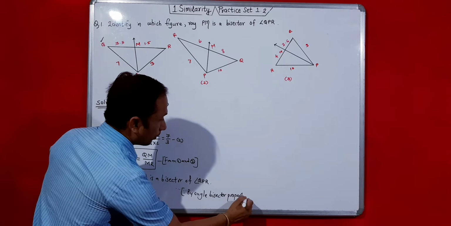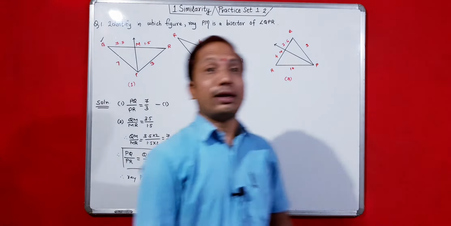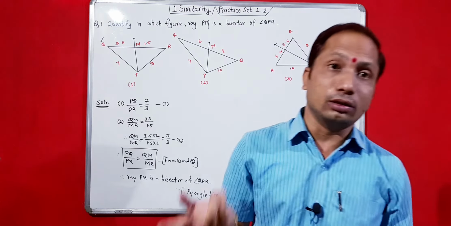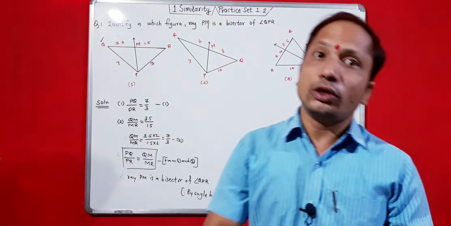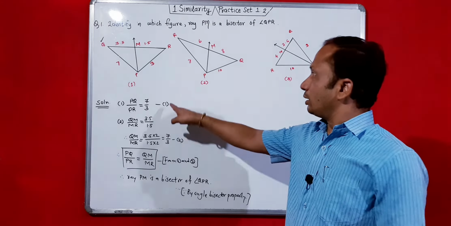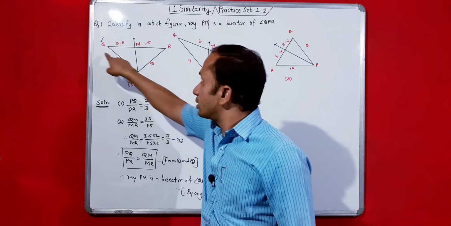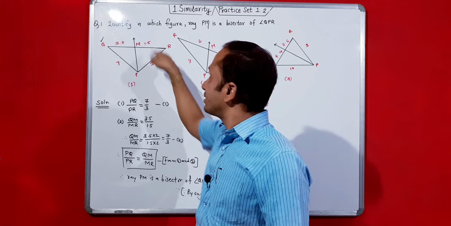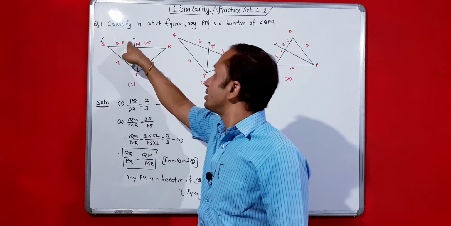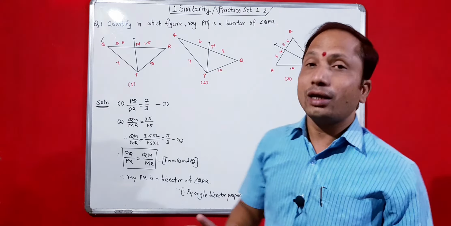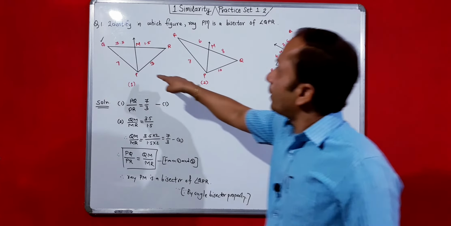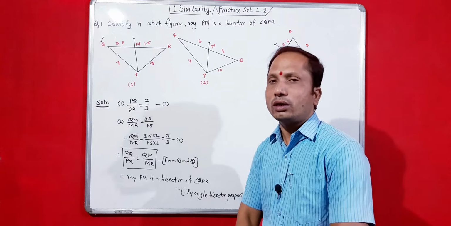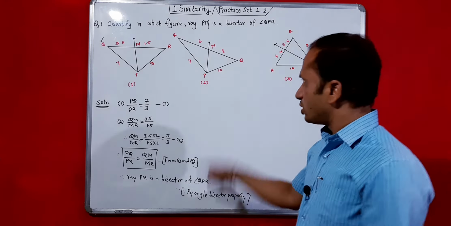You know that an angle bisector divides the opposite side of the angle in the same ratio as the remaining two sides of the triangle. So if the ratio of these two sides is identical to the ratio of the sides divided by the angle bisector, then by the angle bisector property this ray is a bisector of the given angle. You have to use this property very carefully, and it is actually very easy. So this is the first.